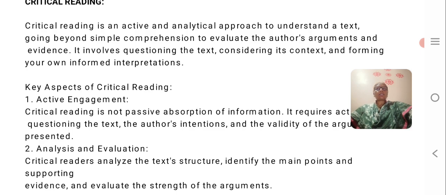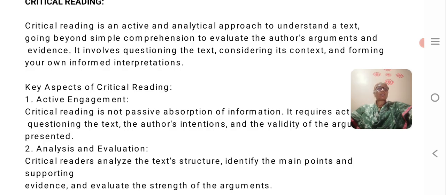Critical reading is an essential skill. It involves analyzing and evaluating a text to understand the meaning deeply. One of the key aspects of critical reading is identifying the main idea and supporting details. It is an active and analytical approach to understanding a text.